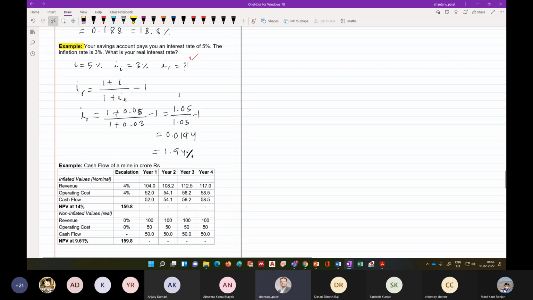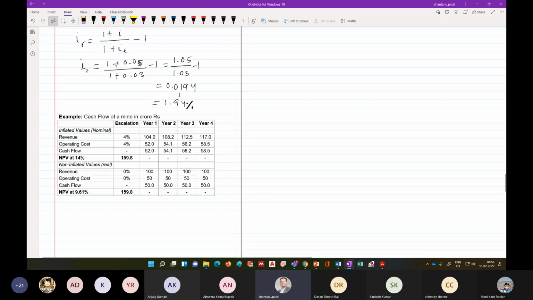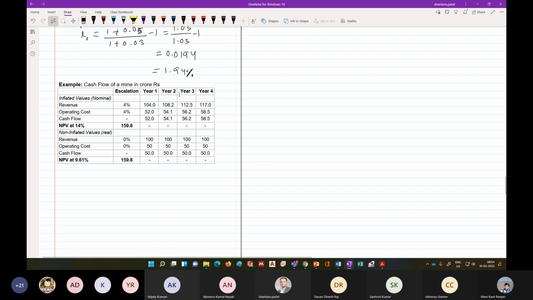And before moving to the problem we were solving, I just have this here, which says this is the cash flow of a mine in crore rupees.